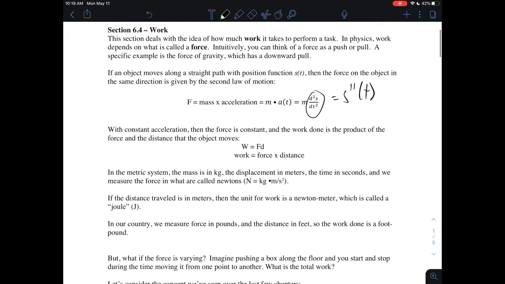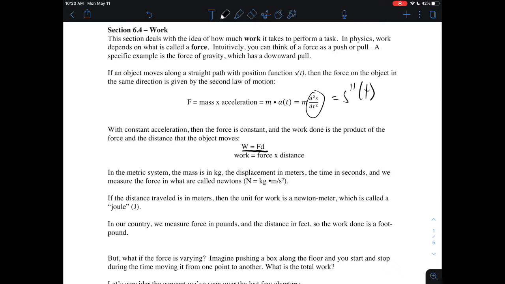So in a very simple case, work is just force times distance if our force is constant, and then of course the distance would also be a constant, and that makes work a constant. In the metric system, the mass is measured in kilograms, the displacement is measured in meters, and time is measured in seconds, and we measure the force in what are called newtons, capital N for Newton, which is equal to kilograms mass times acceleration.